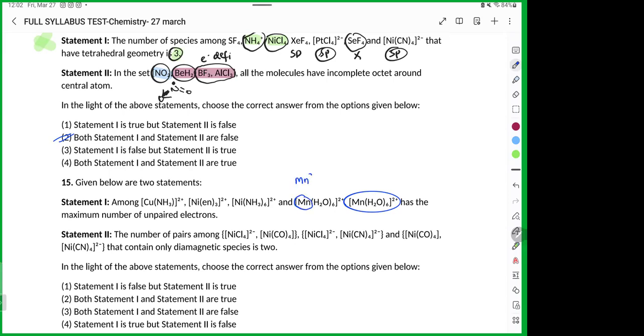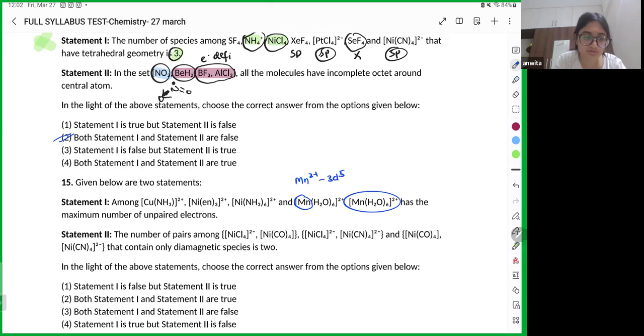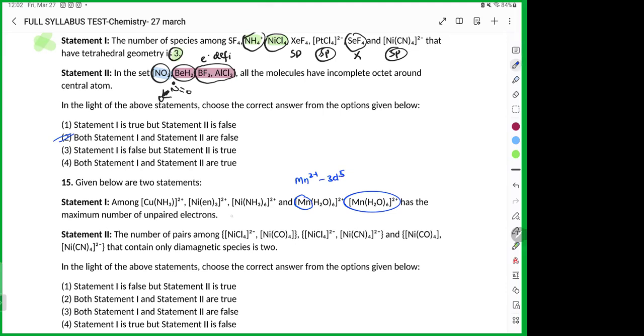When manganese is 2+, it is 3d5. And S2O3 is a weak ligand, no? Weak ligand. So here you have the maximum number of unpaired electrons, that is 5. Correct. Ammonia and cyanide are both strong ligands, so they will cause pairing. Here, even if it does not cause pairing, you can see the maximum number in manganese.